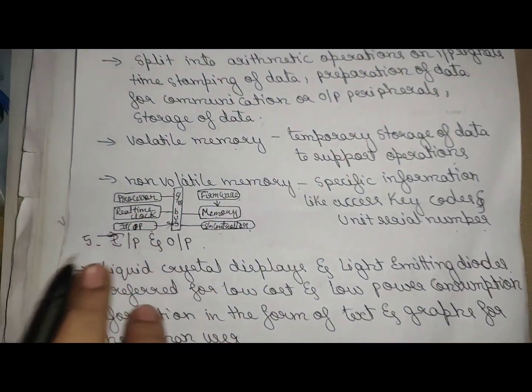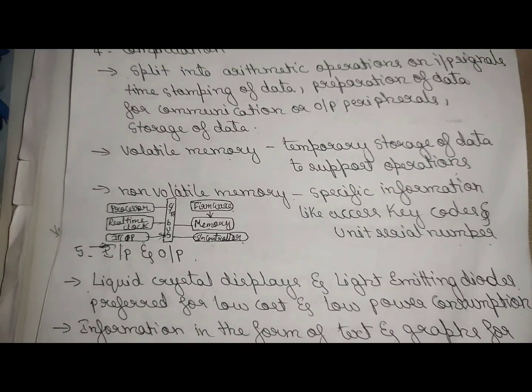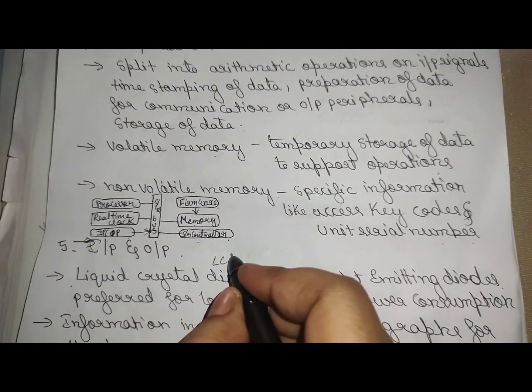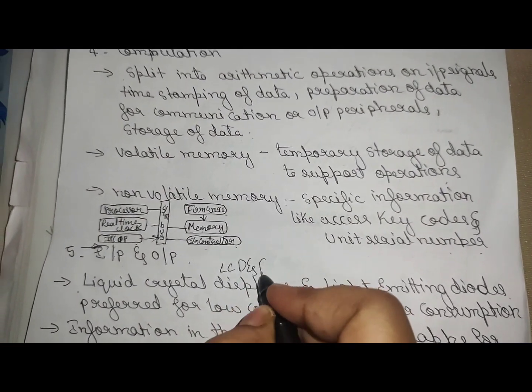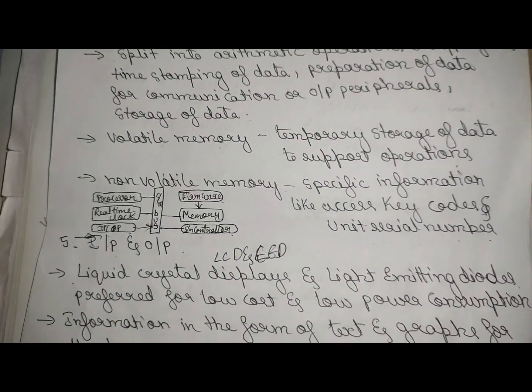Next is the input output. Liquid crystal display and light emitting diode are preferred for low cost and low power consumption. So that is LCD and LED. They are preferred because of low cost and low power consumption. They present information in the form of text and graphs for the human users.